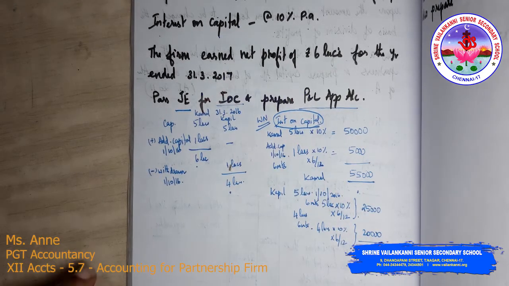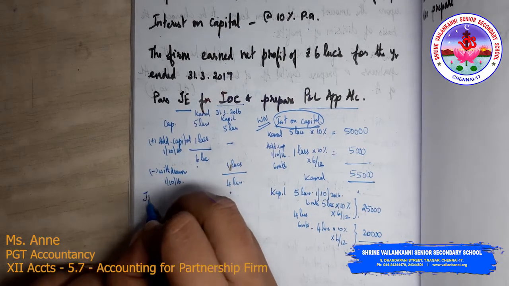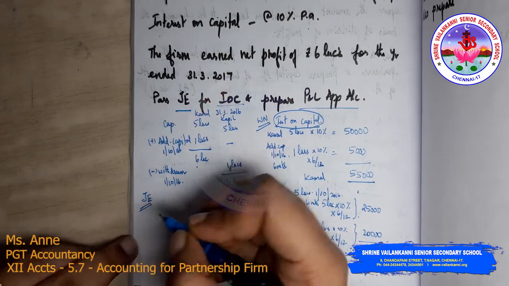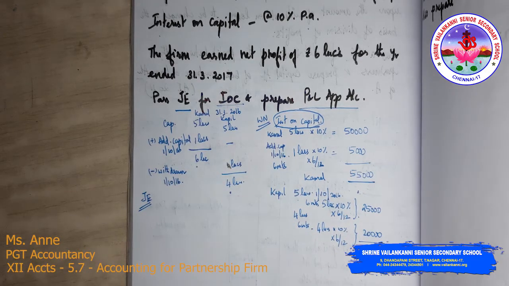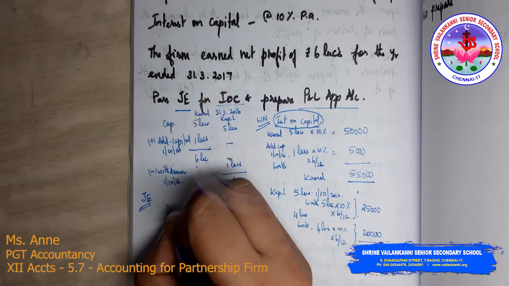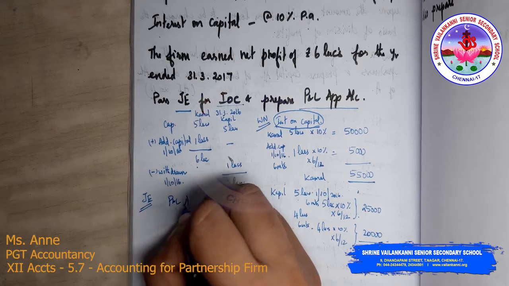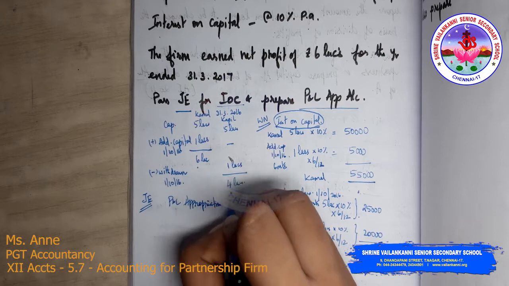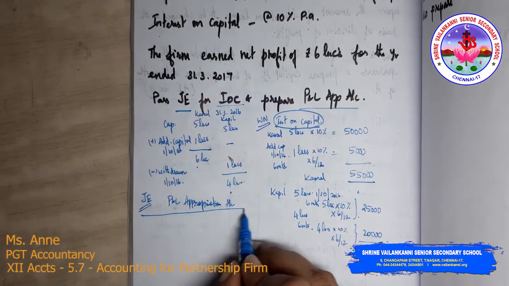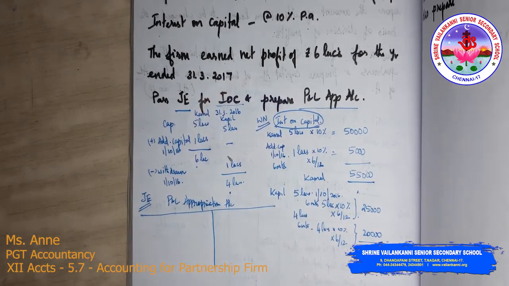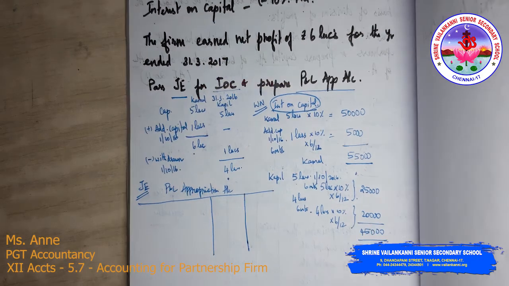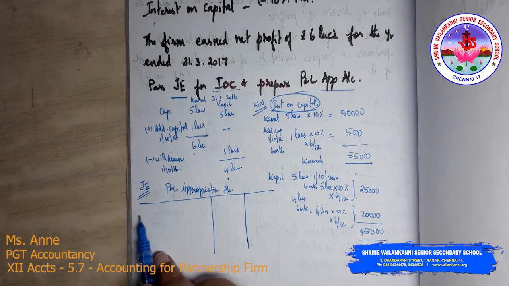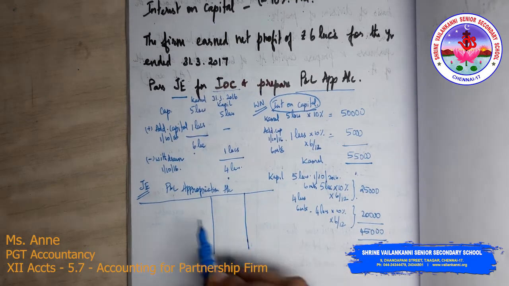Now we will proceed with the journal entry that's been asked. They have asked the journal entry for interest on capital. Interest on capital is an appropriation of profits, so we have to show it this way. I'm just drawing it in a rough setup, so make sure that you write the correct particulars, debit, credit and all.